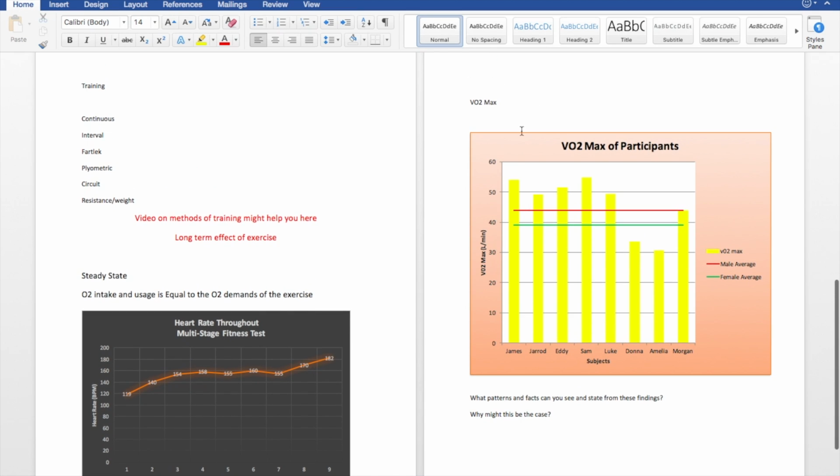Then we've got predicted VO2 max. What can you notice about these things? What do you notice about the average for males and females? What do we notice about this particular group of females? It's only a small group, but what do we notice here? What do we notice about this particular group of males? Again, it's only a small number, but is there something that you can notice? Why do you think that these 5 males are above the average for males?